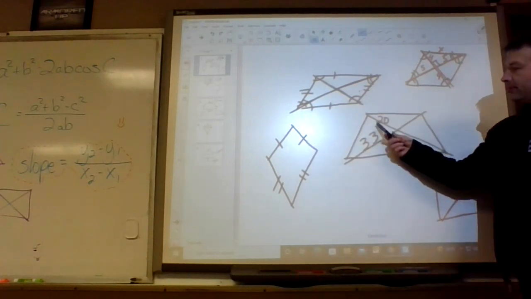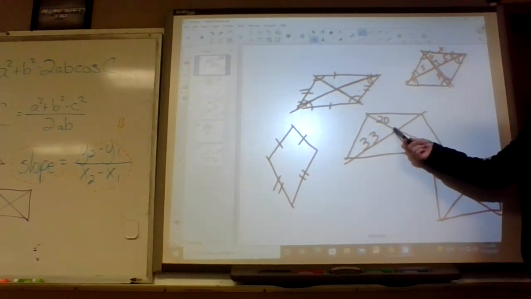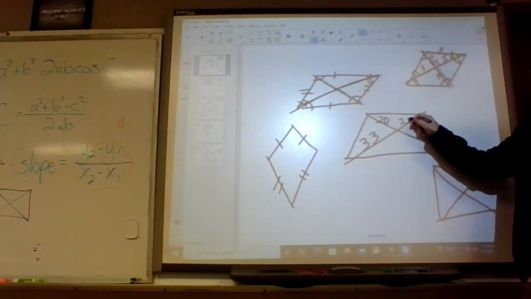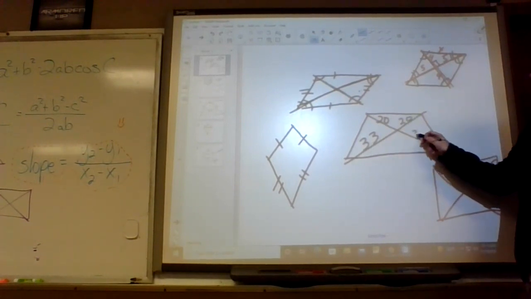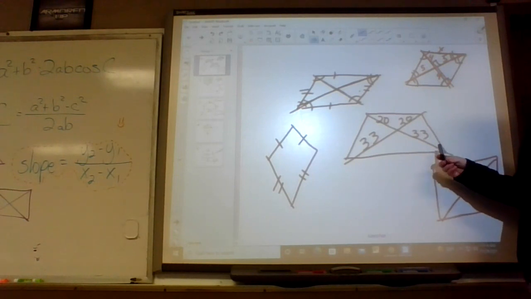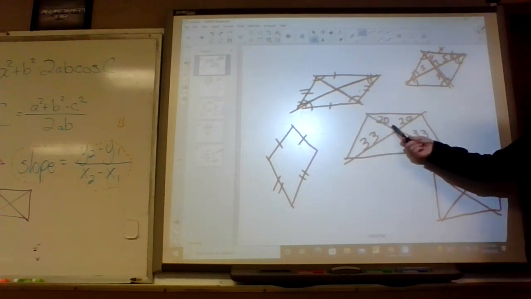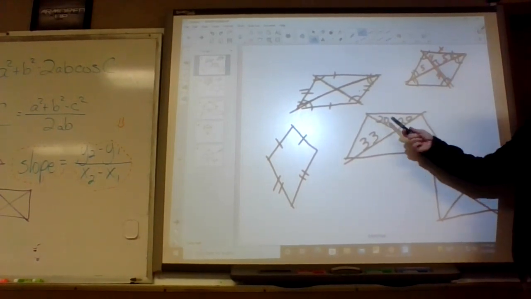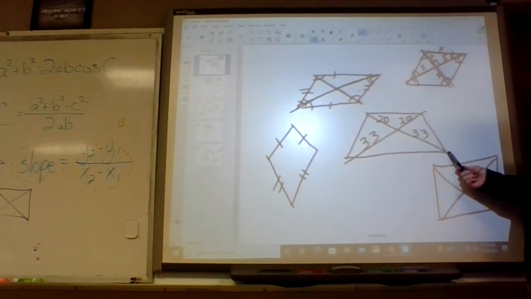If this is 20, guess what that is? TQ is 20. And if this is 33, this is 33. So the question was, how long is this diagonal, the whole thing? 53.